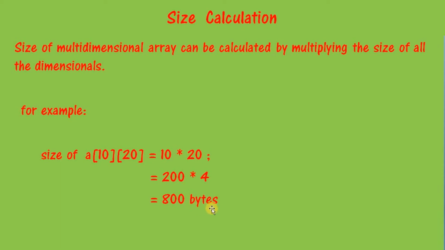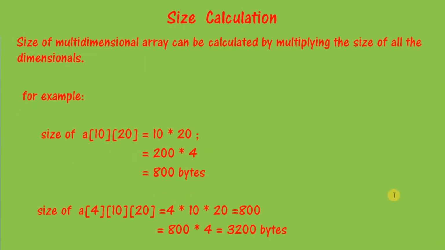Now suppose I want to calculate the size of this three-dimensional array. Then I have to multiply all three sizes, and it gives me 4 into 10 into 20, that is 800, the total number of elements. Here size means the number of elements.